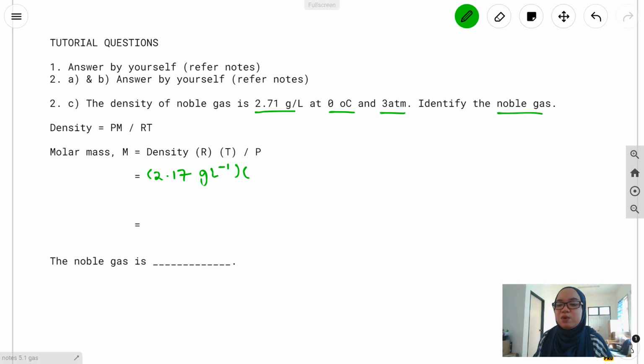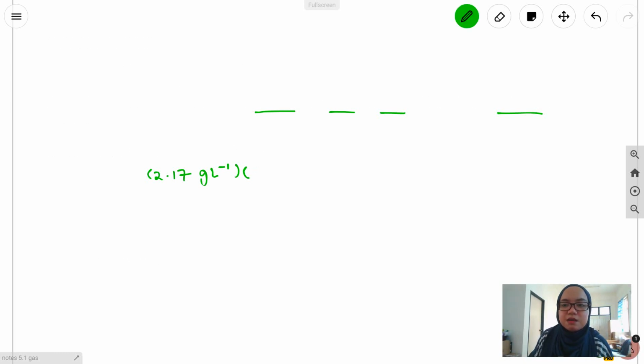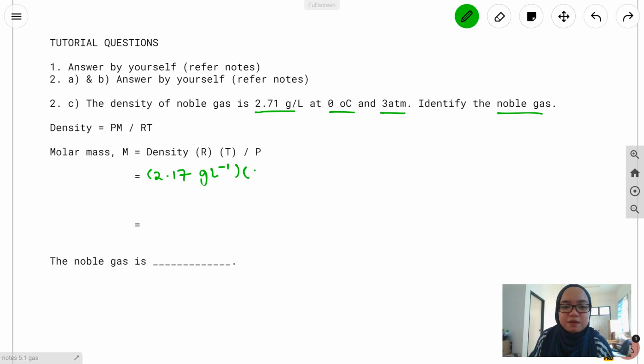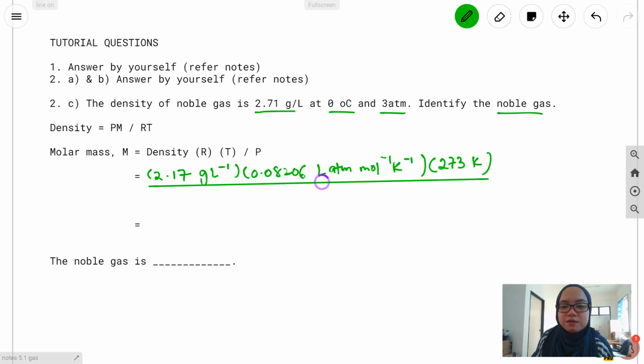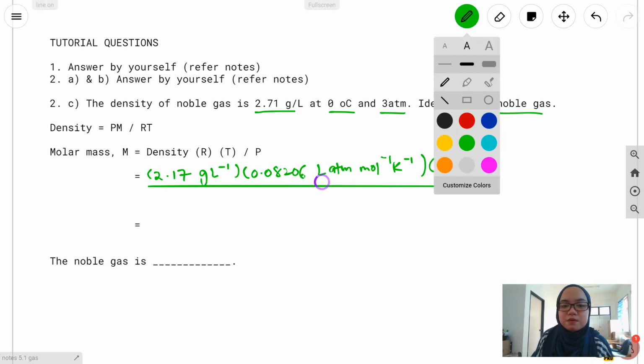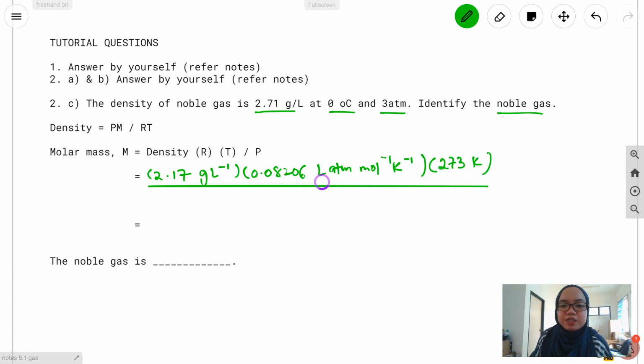This is atm, so we use 0.08206 liter atm per mole per Kelvin, times temperature 0 degrees Celsius equals 273 Kelvin, over pressure 3 atm.